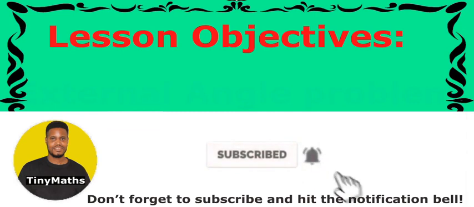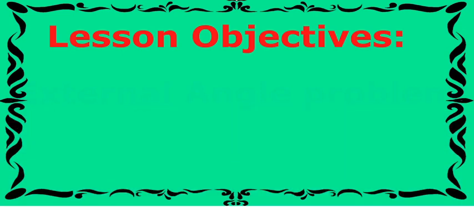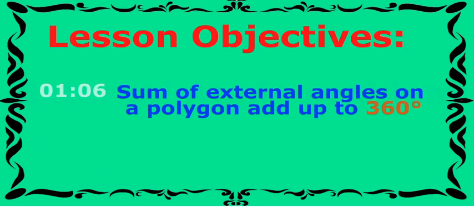Today we're going to do a short lesson that's divided into two parts. In the first part of our lesson, we're going to show how the sum of external angles on a polygon always adds up to 360 degrees, no matter what the polygon. So all of the external angles added up together must always add to 360 degrees.